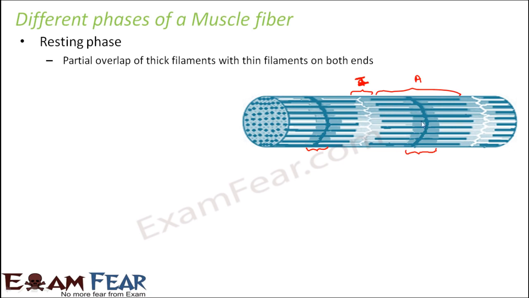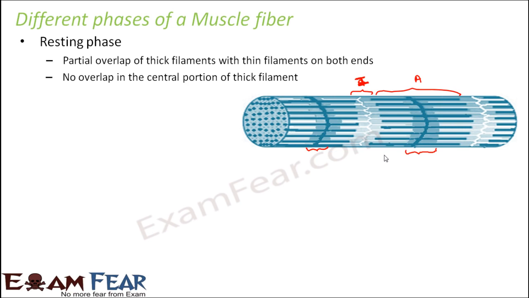So that means this is all white, this is all dark, and in between there is some region where there is overlap of thick filaments with the thin filaments, right? So in the resting phase, this is the scenario, that is some portion is there which is overlapping between the thick filaments and the thin filaments.